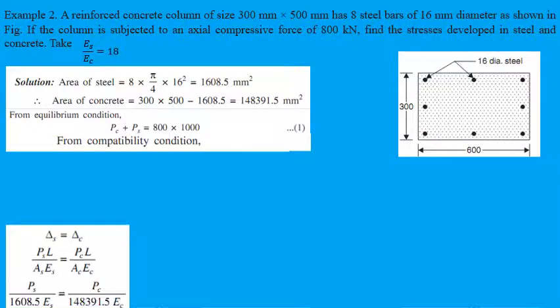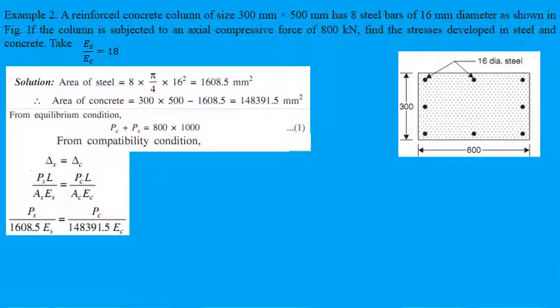From the compatibility condition, we know the deflection of steel is equal to the deflection of concrete. So PsL divided by AsEs is equal to PcL divided by AcEc. We know the general equation PL by AE, so we substitute the load, corresponding area and corresponding Young's modulus.